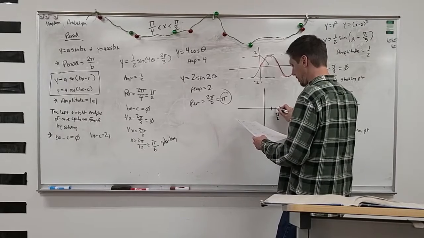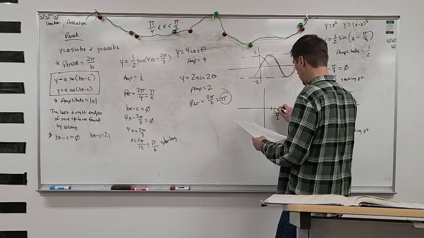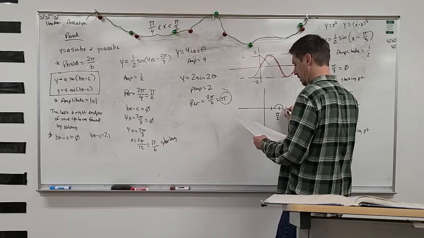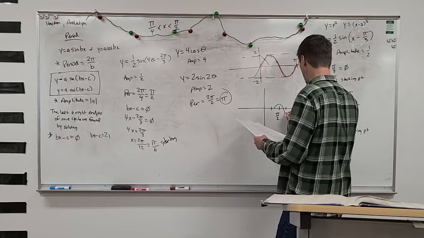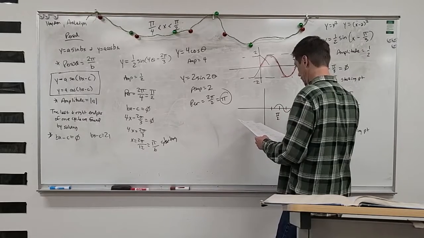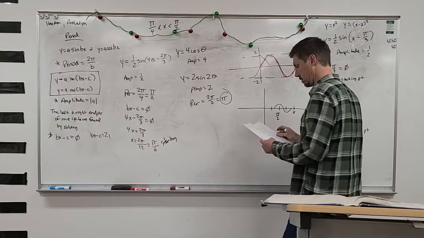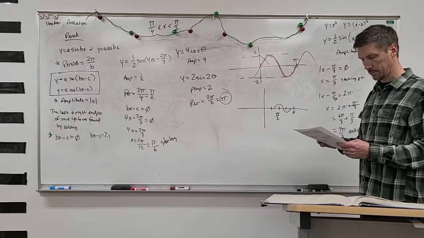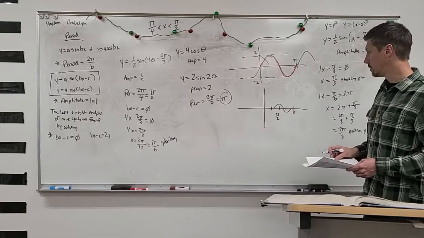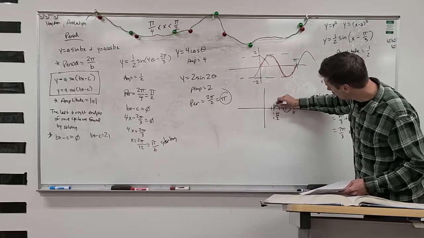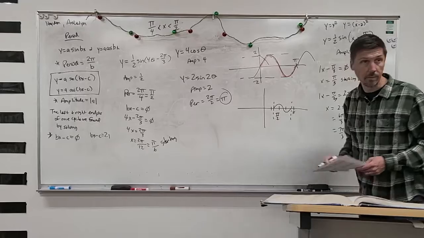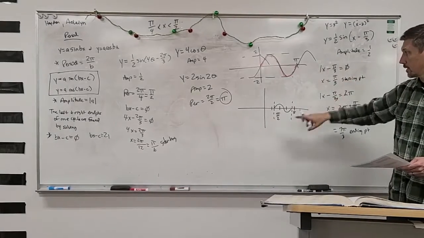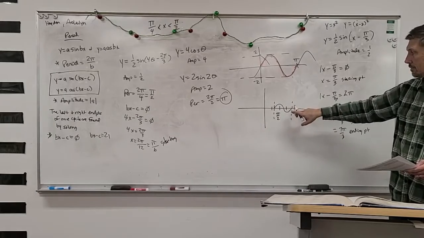The first full cycle of pi that we have looks something like this, and then down here, and then back up, and like this. Did I draw that right? So does everybody see that when they're looking at C on the graph? This is the first time that we have a full cycle of pi. Starts at 0, goes up, and then comes around and makes its way back up. So it looks like that.